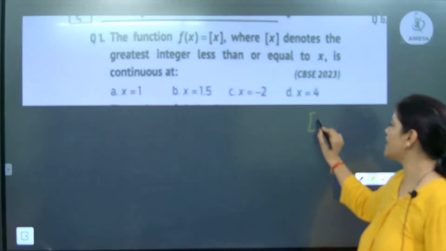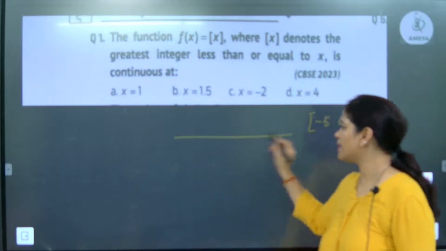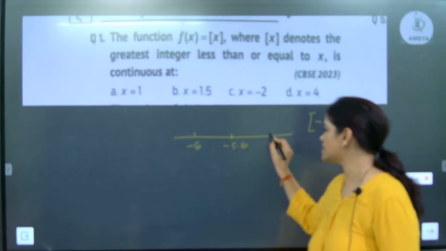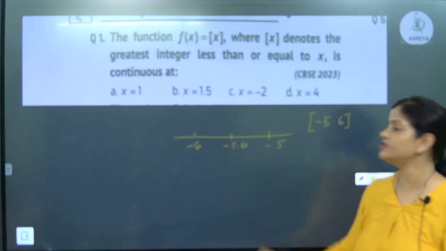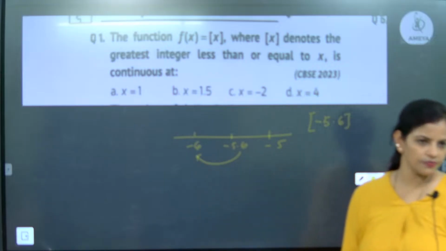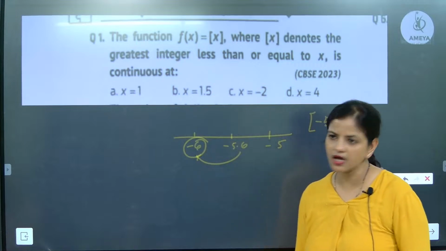So if you take a value like minus 5.6, write minus 5.6 here and check. This is minus 6 and this is minus 5. Beta, it's a floor function, so it takes the lowest value and always shifts towards the left. So when it shifts towards the left, minus 6 becomes the answer.